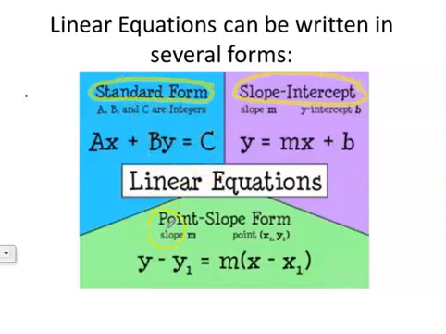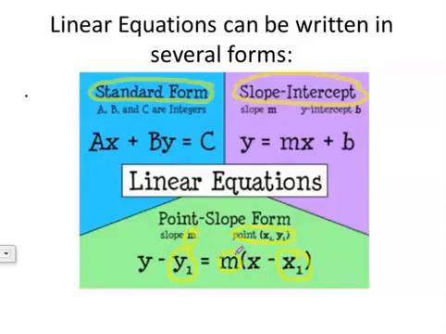That's standard form. And then there's point slope form, where we write it as y - y1 = m(x - x1), where x1 and y1 are a point. We would grab a point, plug it in for the x1 and y1, and m represents the slope.